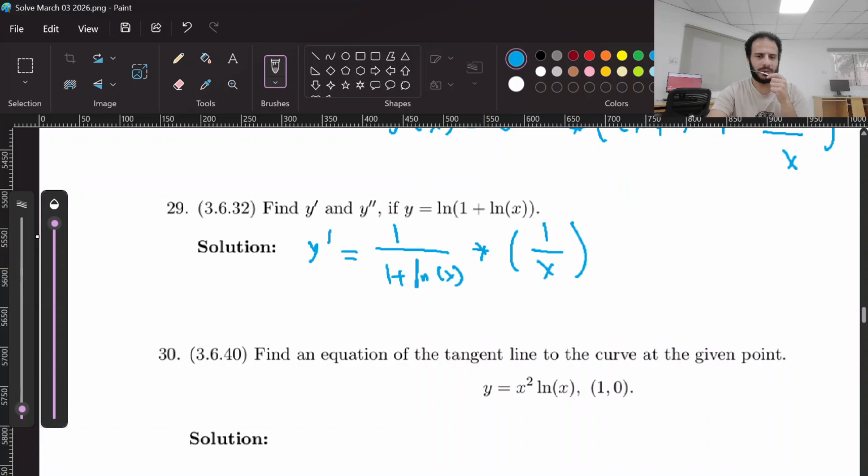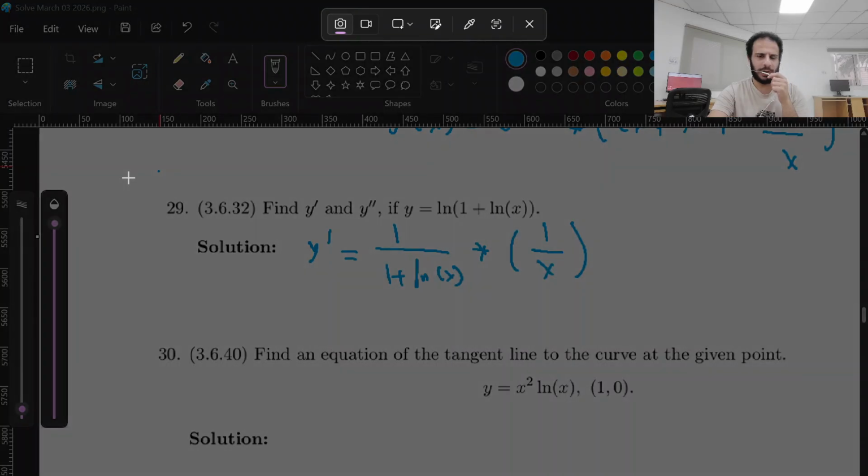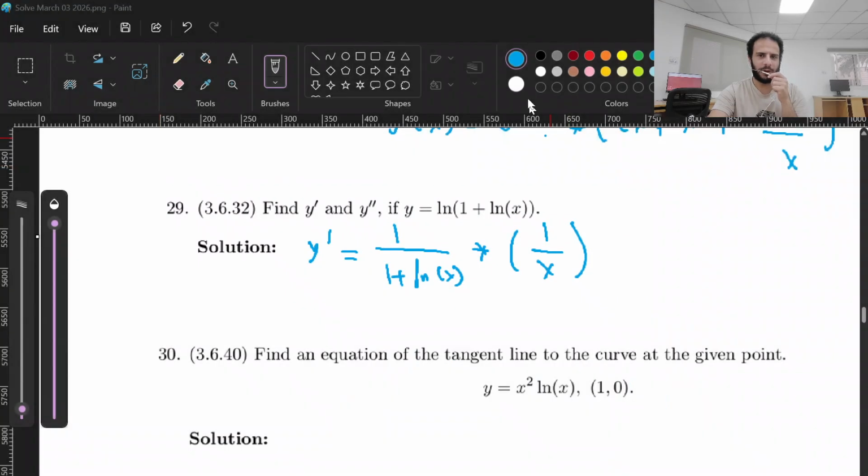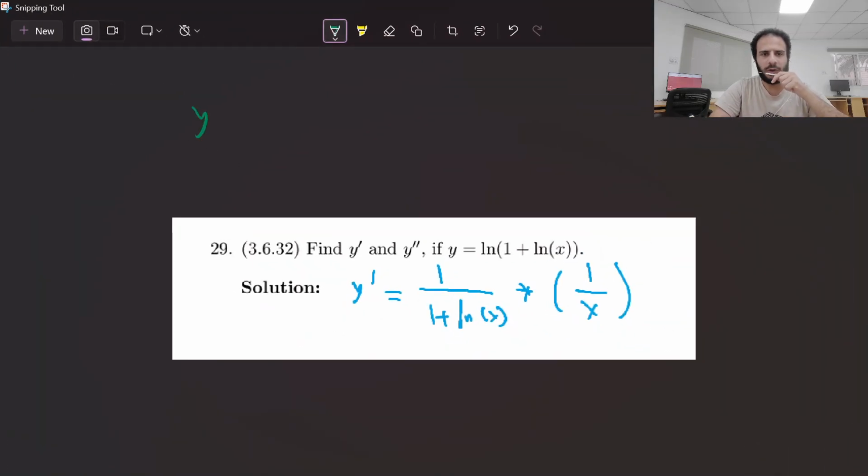I will give you space first, because here we have just enough for the y prime. Now let's find y double prime. So y double prime equals what? It should be a product rule. Yes. So let's do first. Keep the first one, so 1 over 1 plus ln x, and then it's negative x to the power of negative 2.